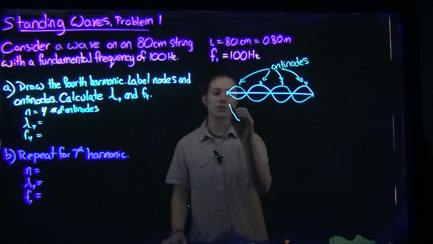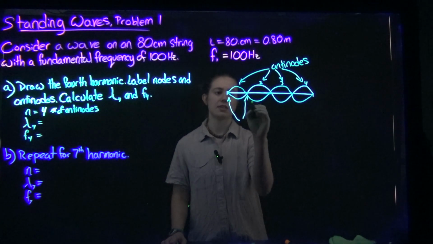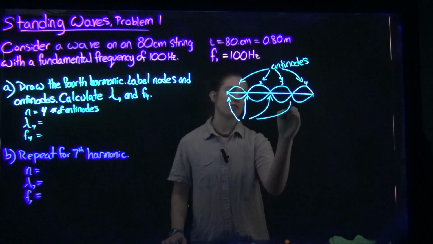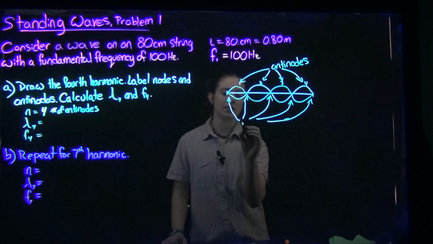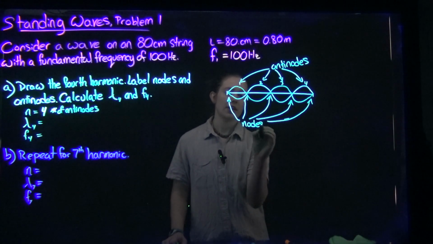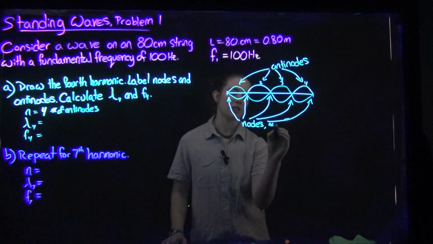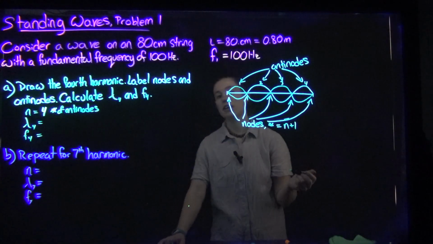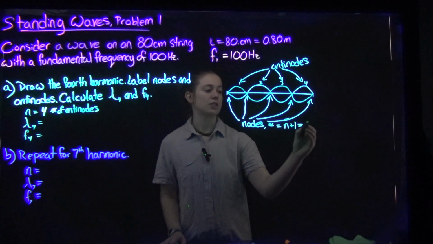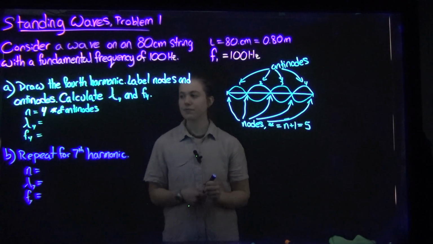And then our nodes are regions with 0 vibration. That's where we had destructive interference of our waves. Nodes. And the number of nodes is always equal to n plus 1. So the number of antinodes plus 1, which is equal to 5 here.